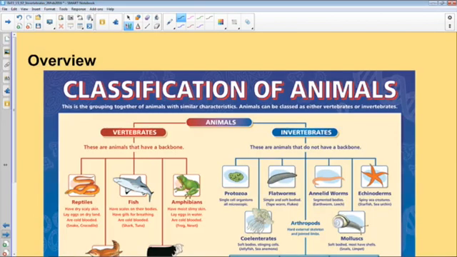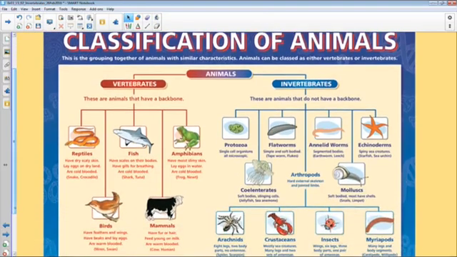If we have a very quick overlook at what we're looking at today, here we're looking at the classification of animals. From your recollection of grade 10 and grade 11 stuff that you've done already, we know that when we look at animals, we can broadly classify them into vertebrates and invertebrates. And what do we mean by this?